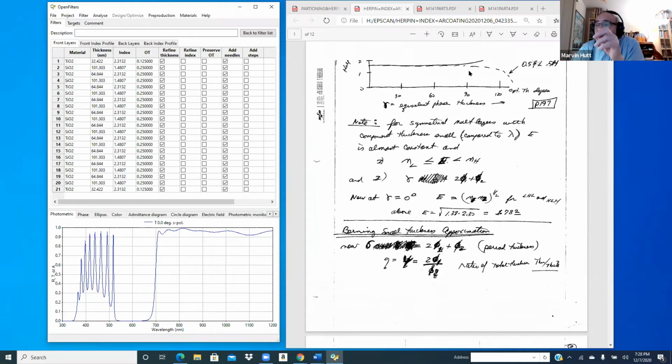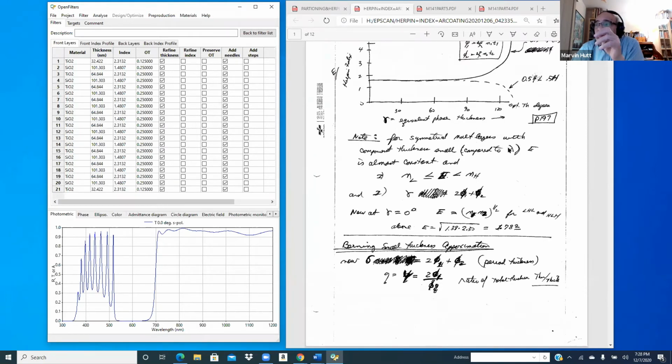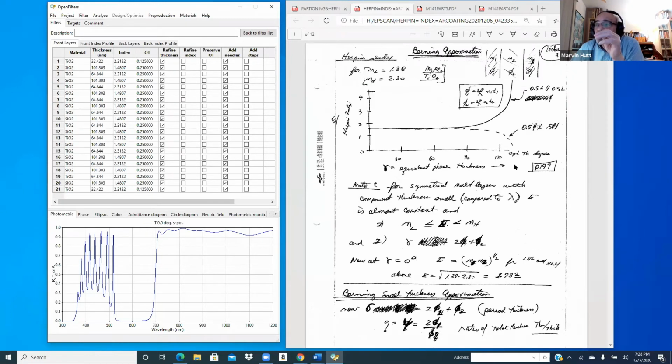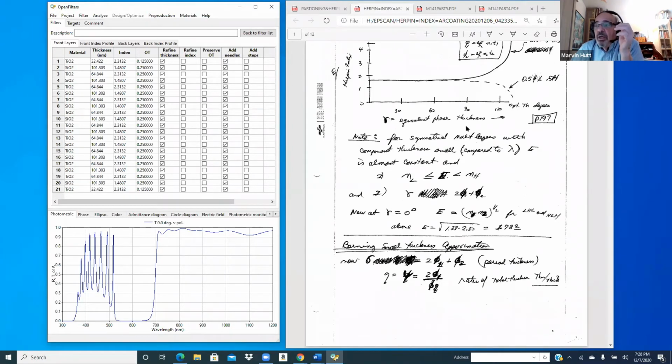Okay. And he wants symmetrical multilayers with constant thickness. So the E, the admittance, is between the high and the low index. So we should be able to find any index we want between 1.38 and 2.30 in a form. Okay, so E is equal to this at 0.